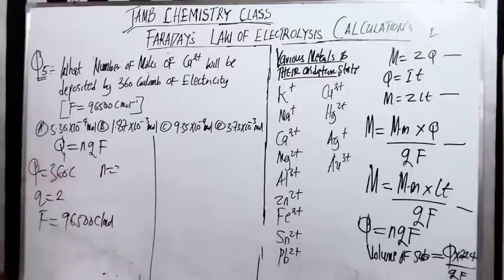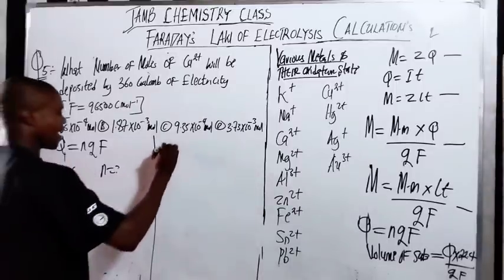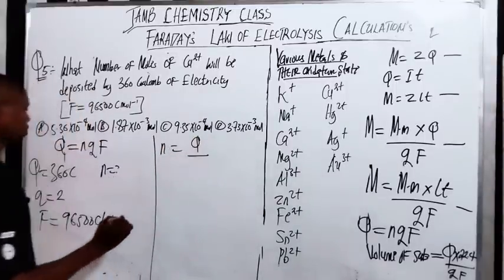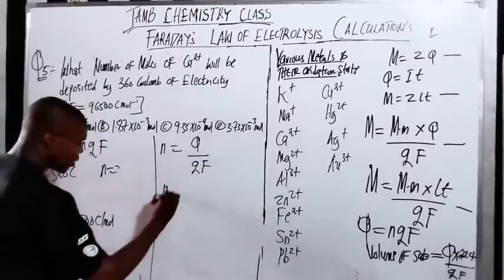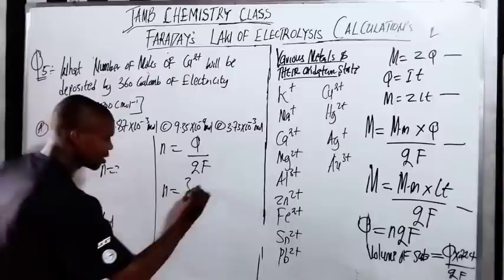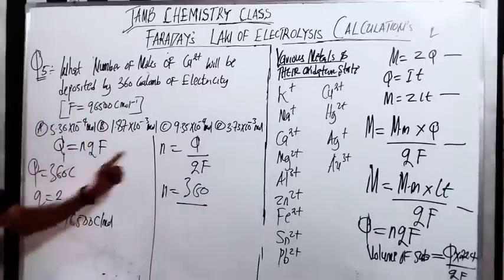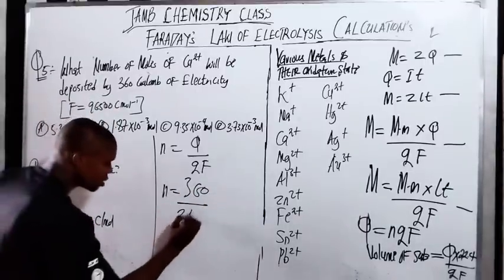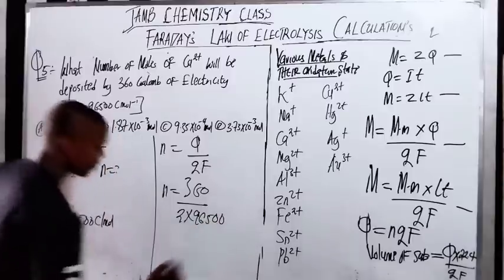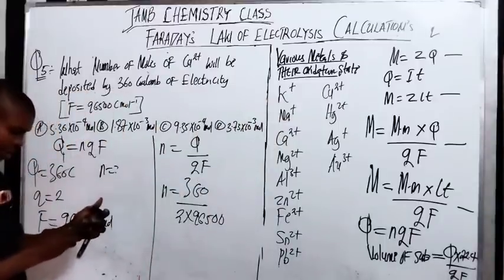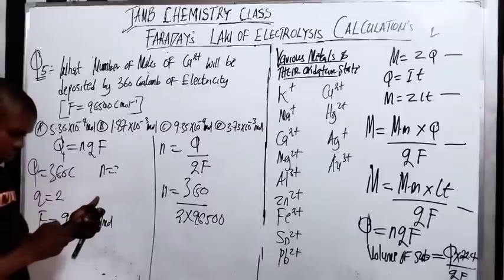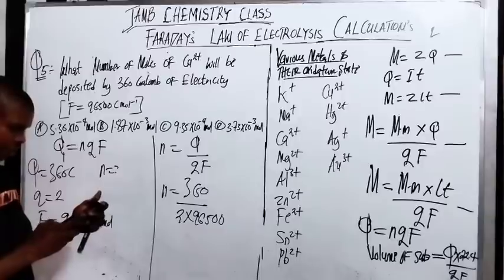So if I make n the subject of the formula here, we have n equals Q over qF. Can you see that? So my n now equals 360 over my small q, which is 2, times 96,500. So what we want to do here is calculate and get your answer. 360 divided by 2 times 96,500.